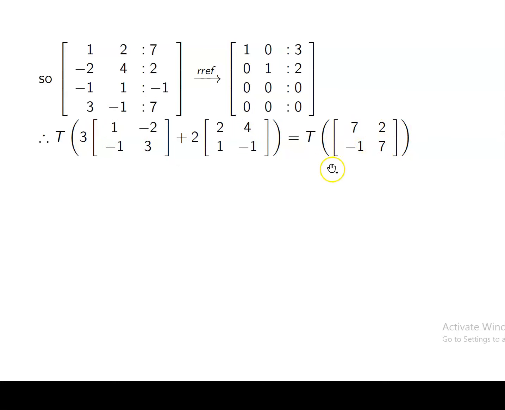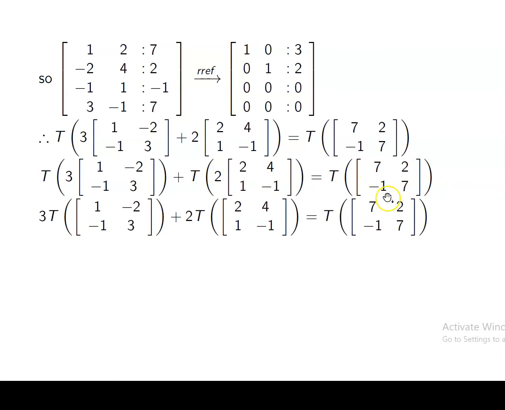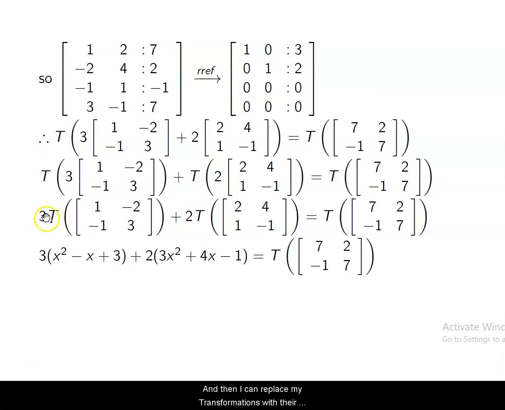So since now that I know it's 3 and 2, I can separate this into its parts. The transformation of 3 times the first vector plus the transformation of 2 times the second vector still will get me the result that I want. Obviously I'm doing this step by step, right? So I can pull out these constant terms to the outside of the transformation, and then I can replace my transformations with their results, right?